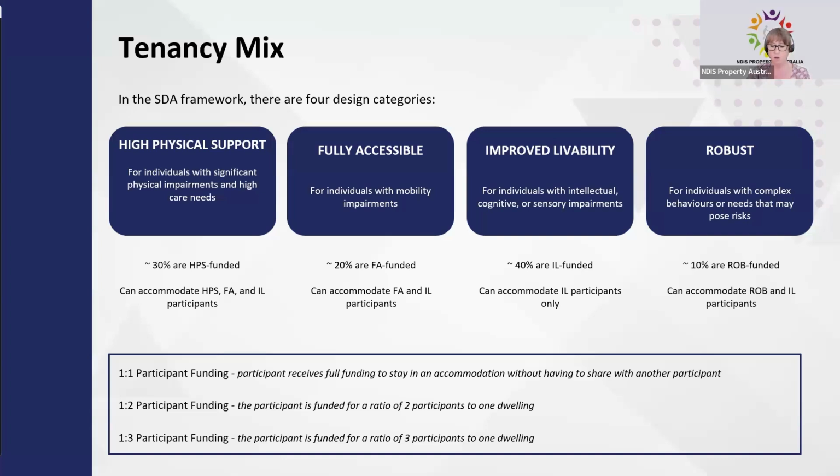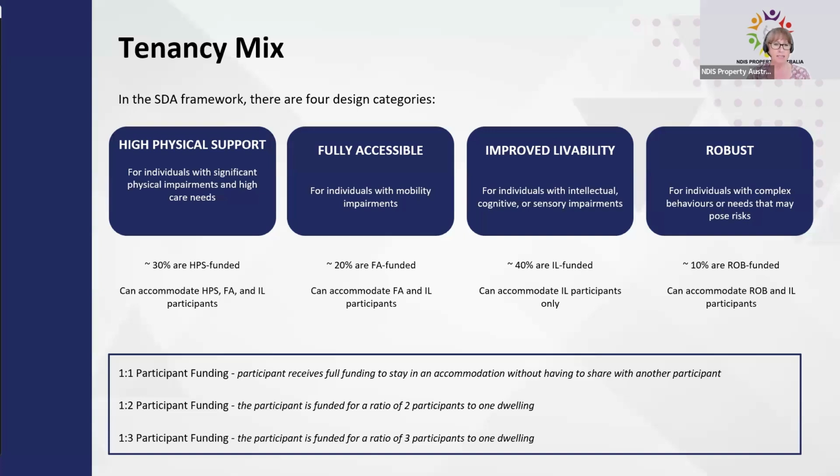Sure. Yeah. All right. So if you know anything about SDA, you should know that there are 4 different design categories: high physical support, fully accessible, improved livability, and robust. And below those 4 boxes, you'll see the approximate number or percentage of SDA funded tenants with each type of category.